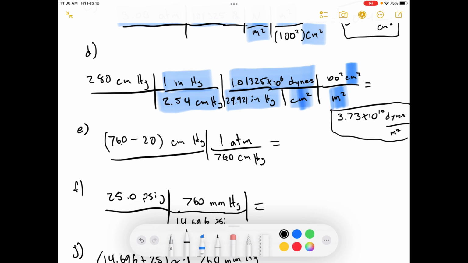Okay, so for this next one, it's starting to get a little trickier. It's saying that we start off in a vacuum, and we're going to gauge absolute pressure. So what that means is that we're starting off at a relatively negative pressure. It's negative compared to atmosphere. So what we do is we say, okay, how much atmosphere of mercury is there?